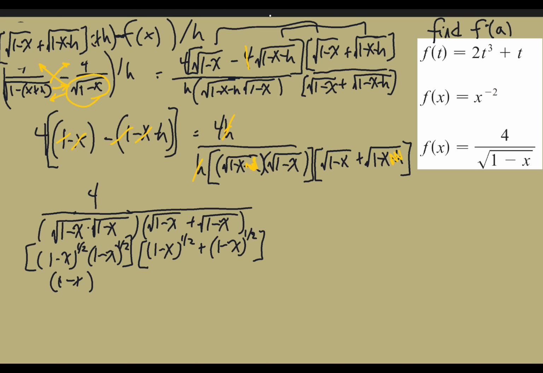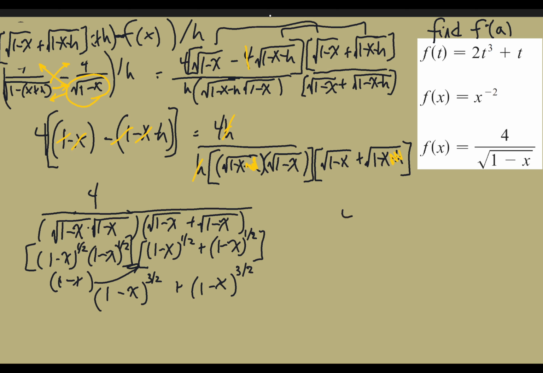Half plus a half is a whole. And that would mean this would add up to 3/2, so I'll get 1 minus x to the 3/2 for that part, plus 1 minus x to the 3/2 on that part. This is why you don't want to use radicals. Exponents make it better. So that would be 2.